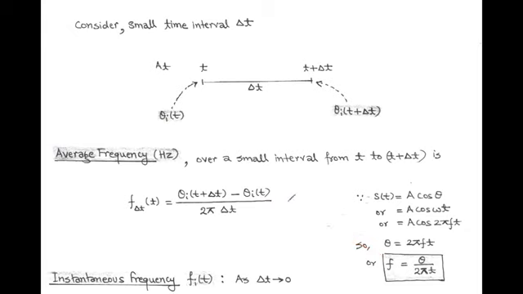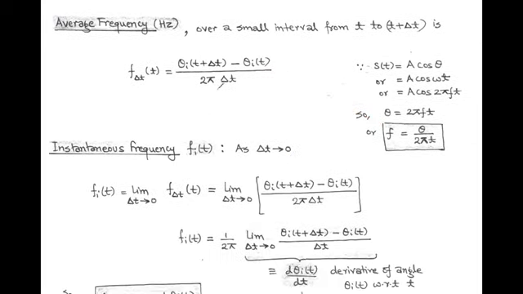Next, with the help of this average frequency, we can determine the instantaneous frequency denoted by f_i of t. For this, we simply take the limit delta t tends to 0 with the average frequency, which means the instantaneous frequency is obtained at some instantaneous time, and it equals 1 upon 2 pi, limit delta t tends to 0, within brackets theta_i of t plus delta t minus theta_i of t upon delta t.